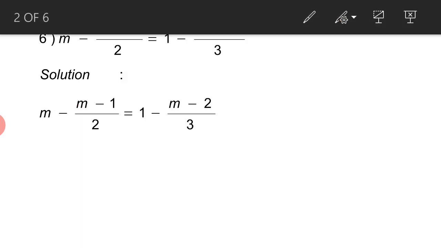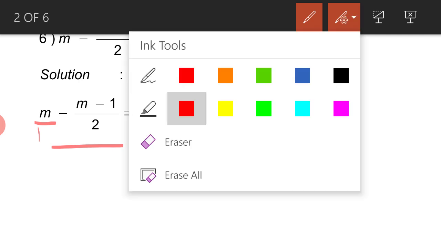So let me erase it. So now we just focus on LHS. So it is m minus (m - 1)/2. So what is denominator of m? Of course 1. Again the denominators in LHS are 1 and 2. So you need to make them same, isn't it? So now what will we do? We'll make the denominators same, and by taking LCM of 1 and 2, it will be 2.